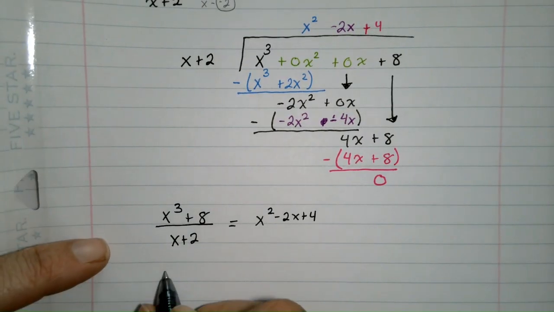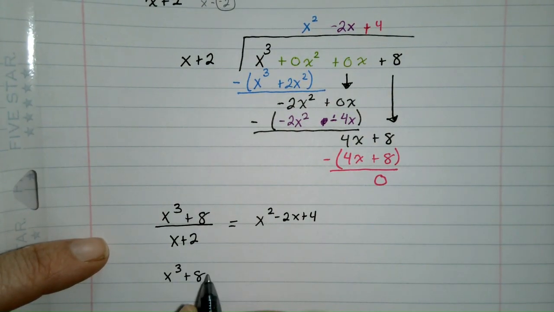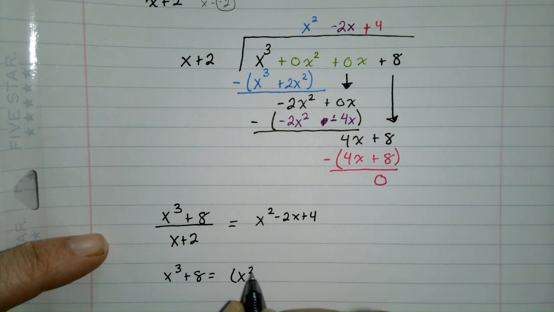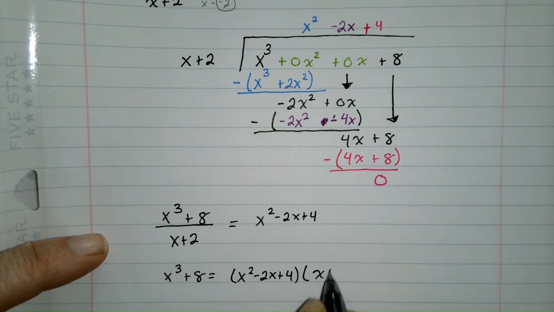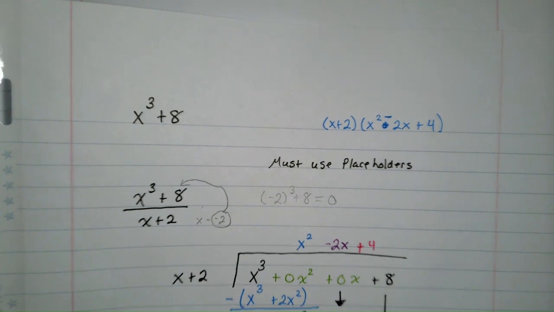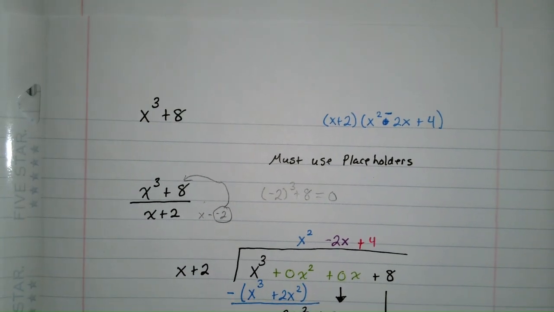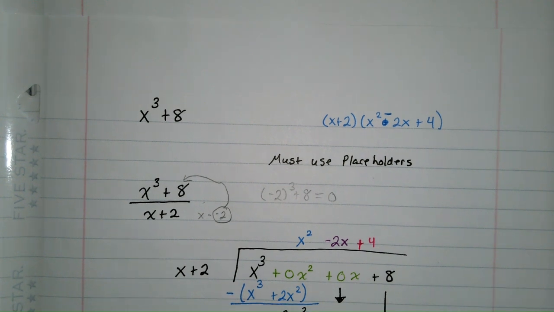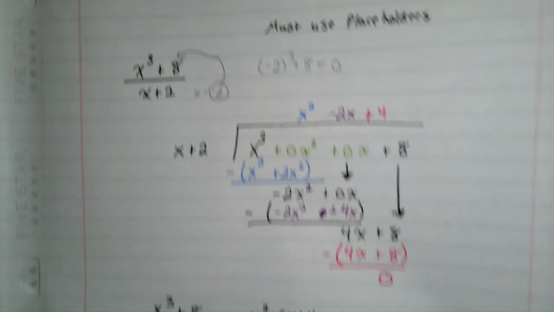Or we can say x cubed plus 8 equals x squared minus 2x plus 4 multiplied by x plus 2, which, hey, doesn't that match that factoring rule? So if you don't have the factoring rule memorized, it's okay. You don't have to have the identity memorized. You can find it by division.